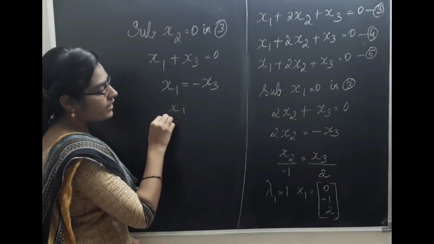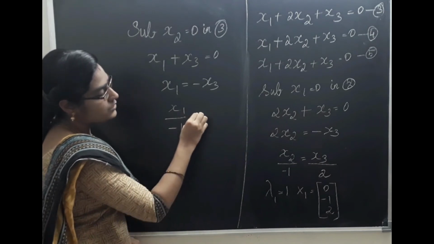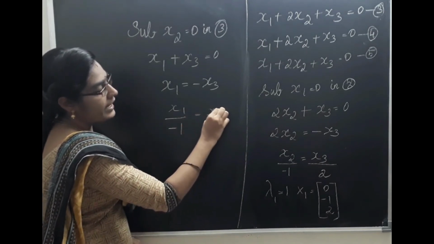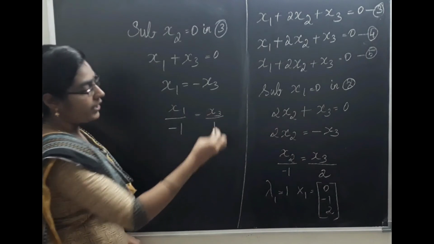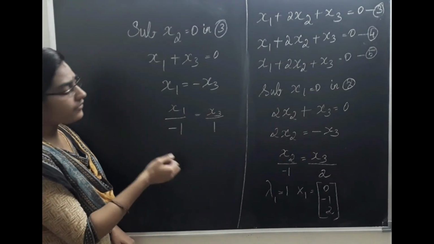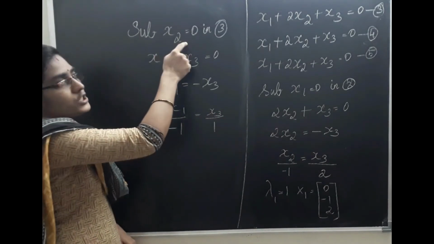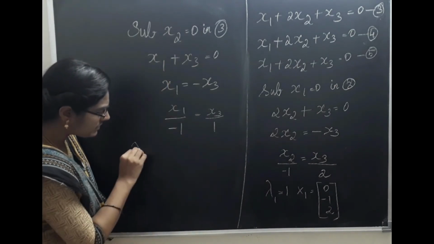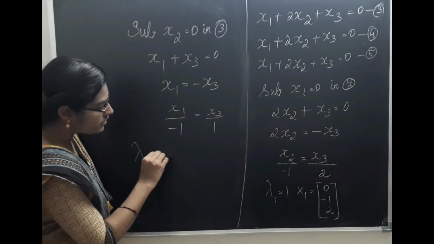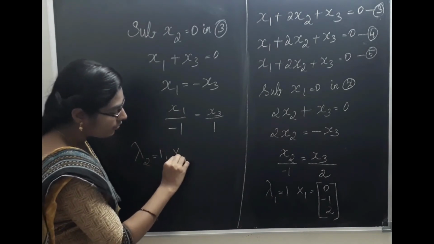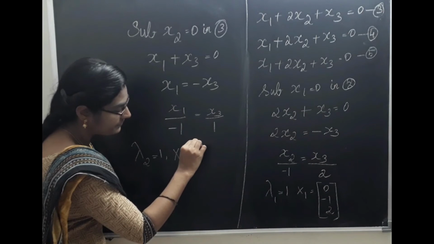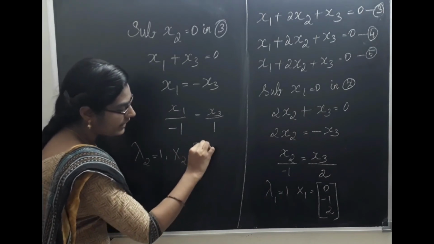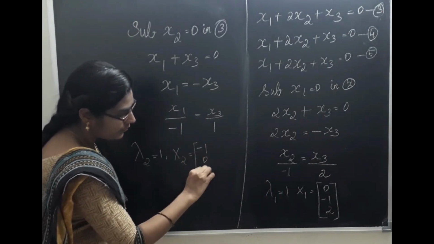You can write it as x1 divided by minus 1 equal to x3 divided by 1. So for this eigenvector, the value of x1 is minus 1, x2 is 0 and x3 is 1. So we can write for lambda 2 equal to 1, the eigenvector x2 equal to minus 1, 0, 1.